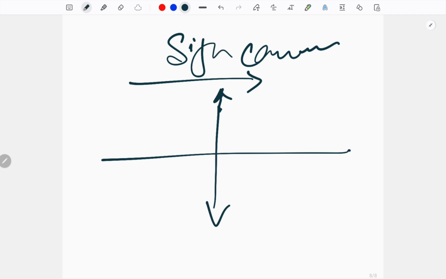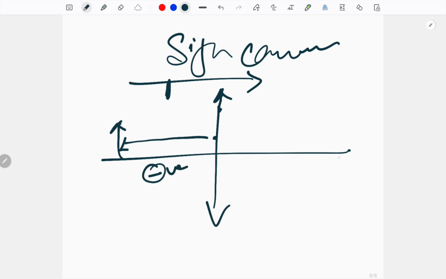Whenever we put an object here, we take the object distance from the lens center. If it travels against the direction of light, then we take that distance with a negative sign.